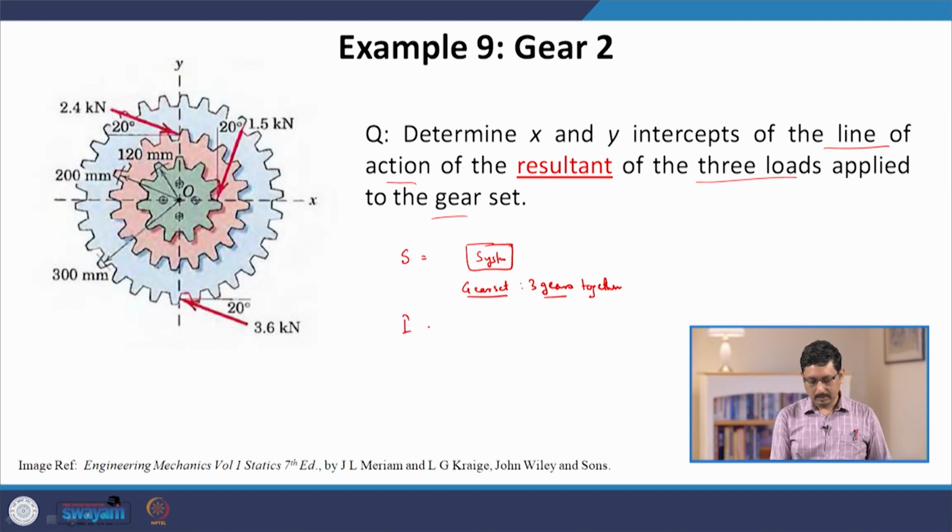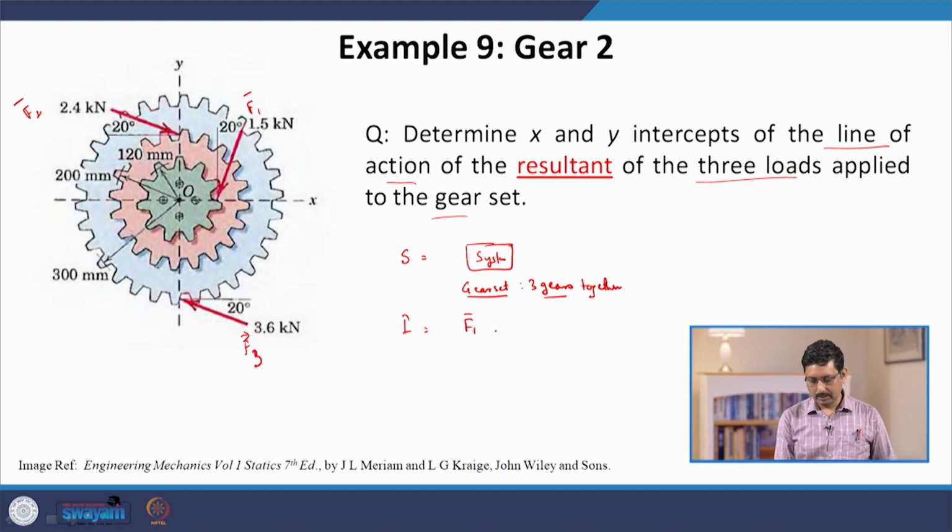Then the interactions are the 3 forces. Let us call the force on the inner gear F1, the second gear F2, and the third gear F3.